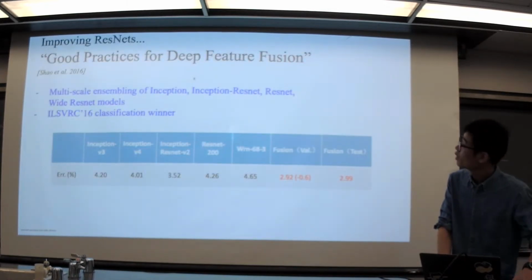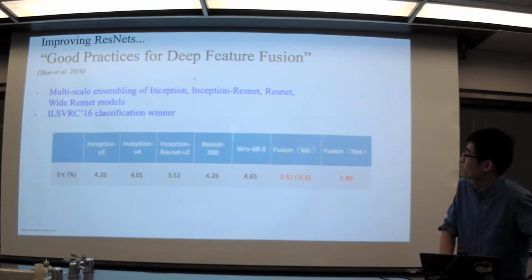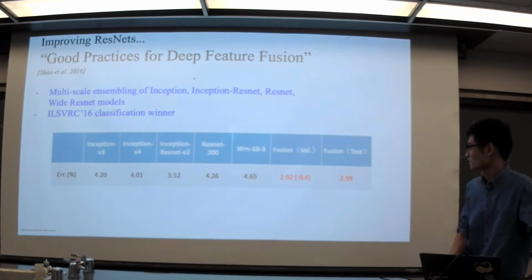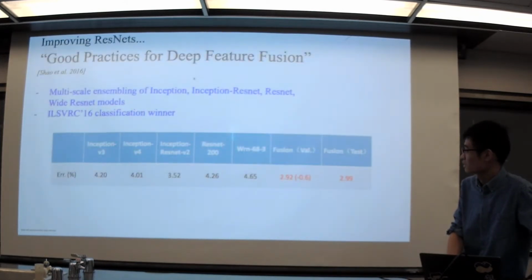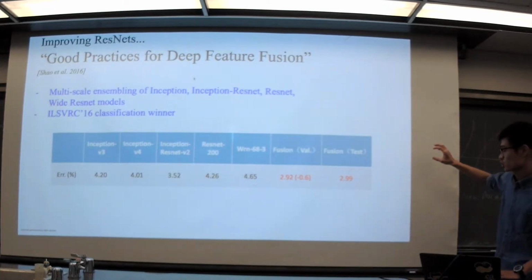They use more simulation of inception ResNet and classification fusion. Fusion is a very fancy idea. It's like to focus. Like for an image, there's some part that should contribute.